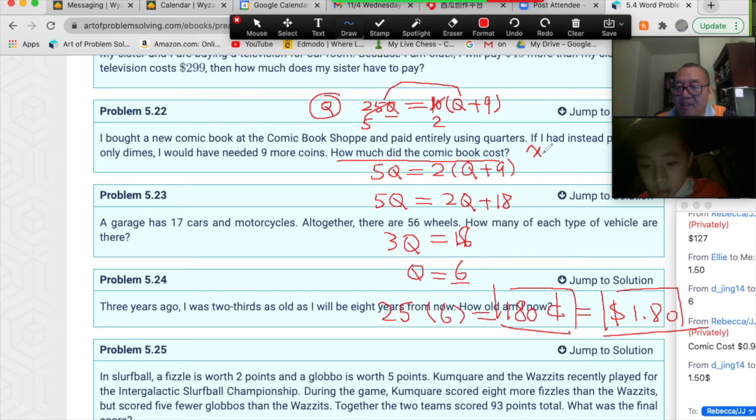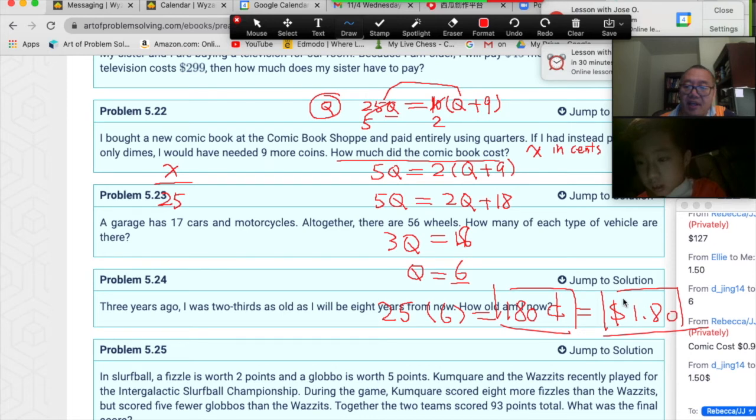Let's say x is in cents, to make this easier. Then if you use quarters to buy, that will be x divided by 25. This gives you the number of quarters you need to use, because x represents the price of the book in cents.